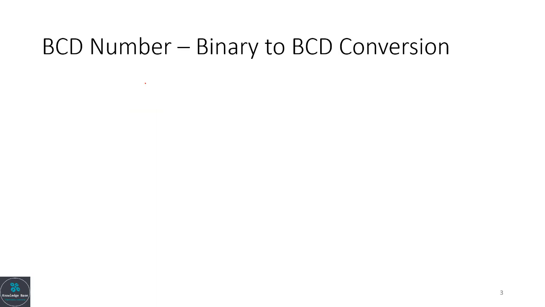The question arises then: how to convert a binary number into its corresponding BCD equivalent? For decimal numbers ranging from 0 to 9, the binary value is equivalent to the BCD value.